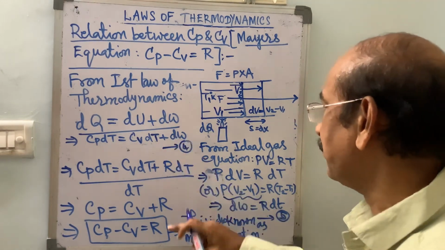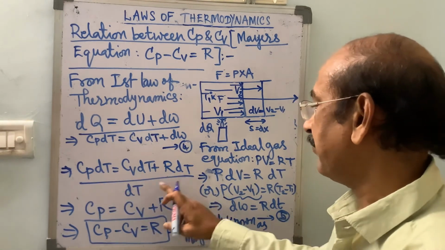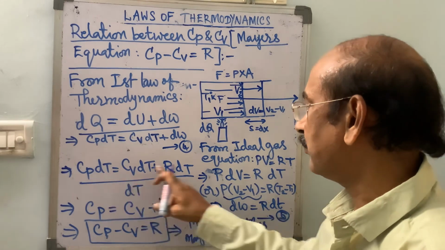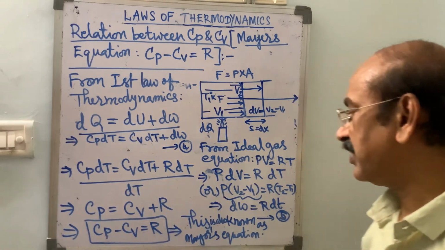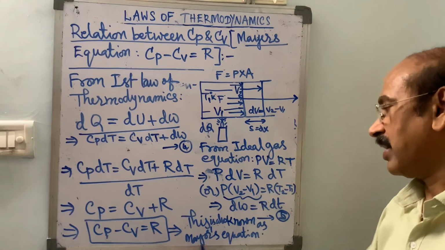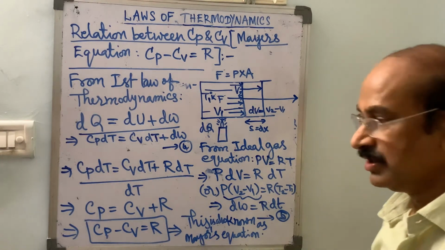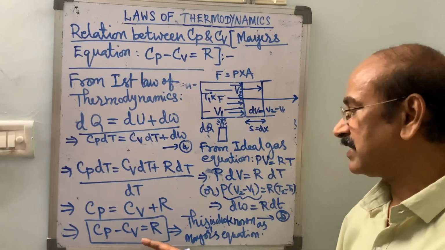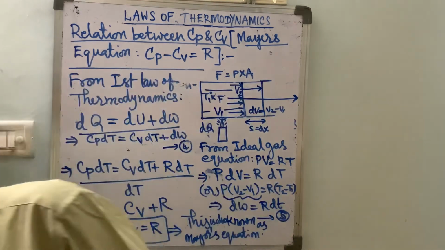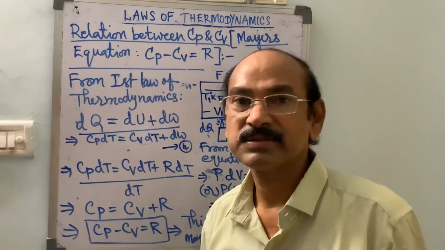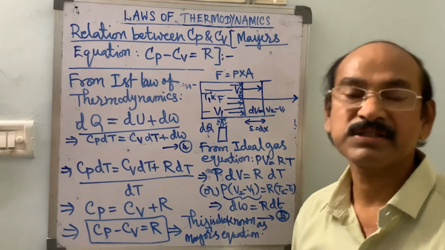Substituting these values in 4 and dividing by dT on both sides, we get Cp equal to Cv plus R, or Cp minus Cv equal to R, the universal gas constant. The ratio between the specific heats of the gas, Cp by Cv, is equal to gamma. So let us conclude this class, and heat and thermodynamics is completed.